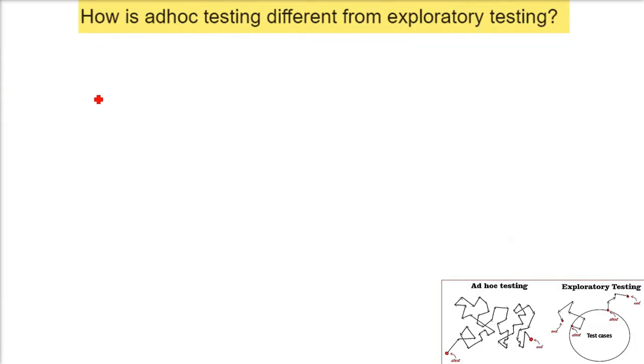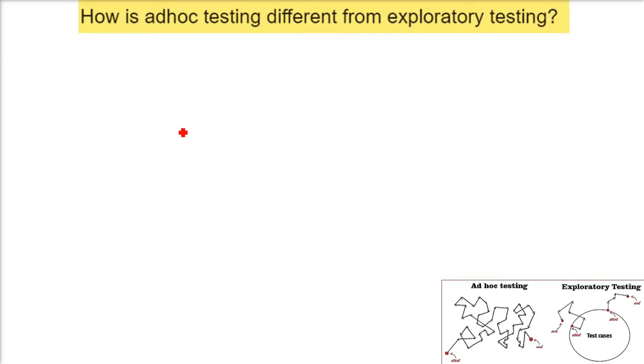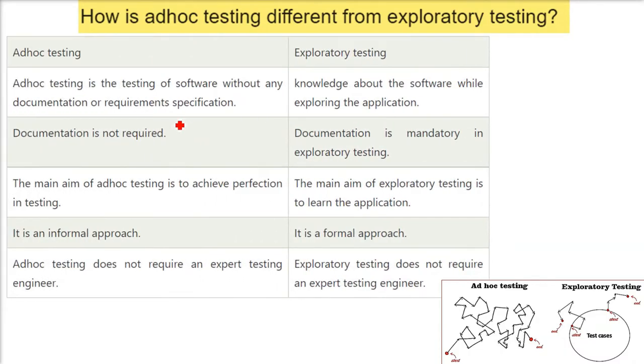How is ad hoc testing different from exploratory testing? See, exploratory testing is learning testing. In ad hoc testing, you test in order to break the software after all the testing is done. Exploratory testing starts from scratch and tries to learn the software by testing. Ad hoc testing is testing of software without any documentation or requirement specification.